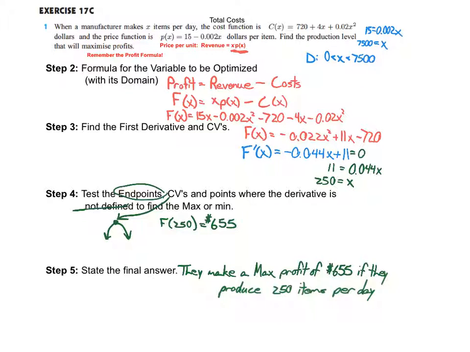Which function was I just supposed to use to get the 655? F. We're trying to figure out, notice this is the critical value of F, so right here. Oh my gosh, I didn't put the 720. Sorry. Oh, okay. So you got like 1,275? Yes. Okay. Alright.